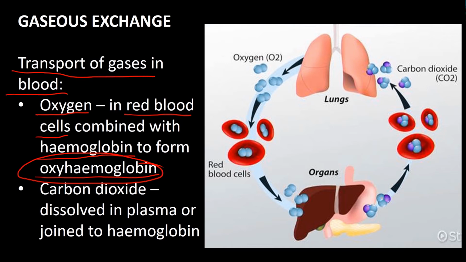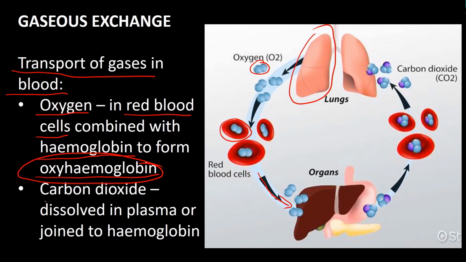Okay, so that's here. These are the oxygen. Okay, so that's the lungs, and that's the oxygen atoms which go into the red blood cells. They go off to the organs and take the oxygen to the organs.